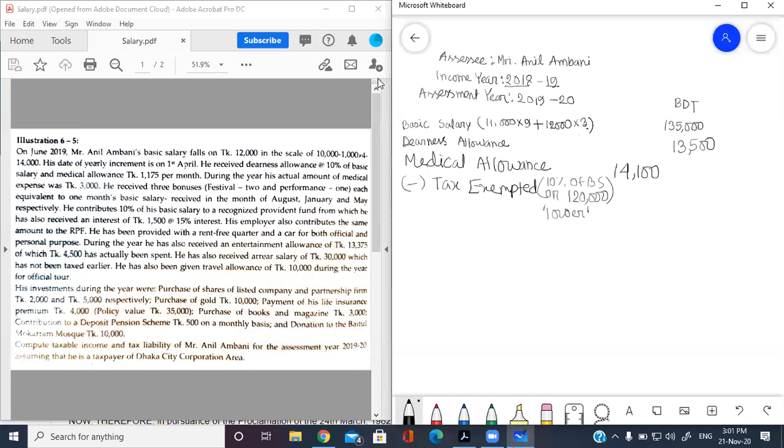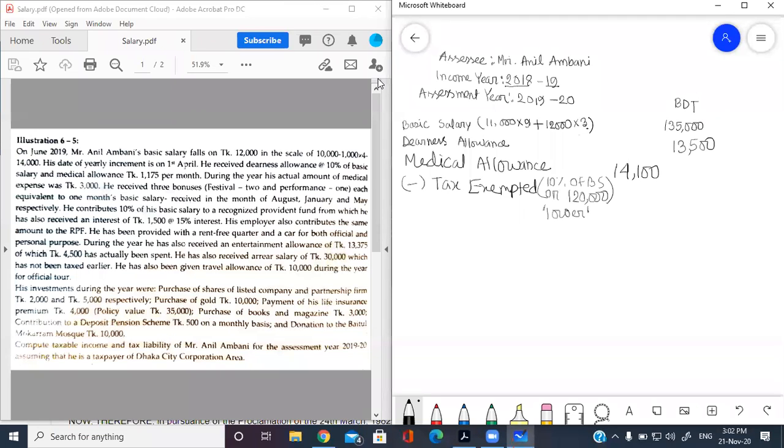Okay. So I'm not writing the things very clearly. I'm just writing it in short form so that we can save our time and space for the time being in class. So 10% of basic is 13,500.